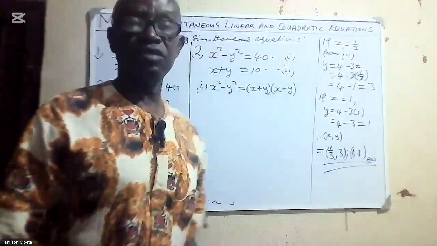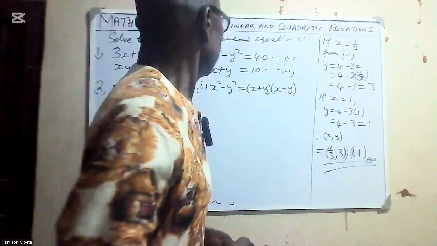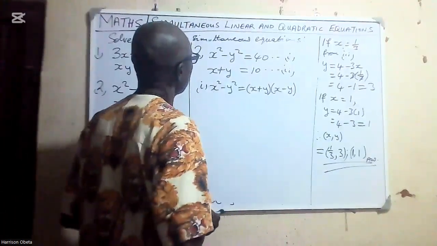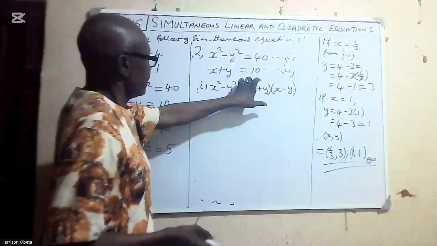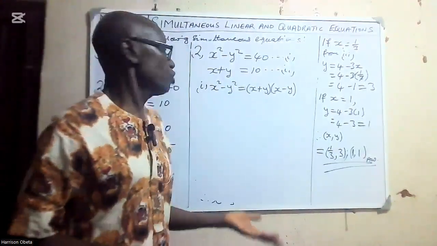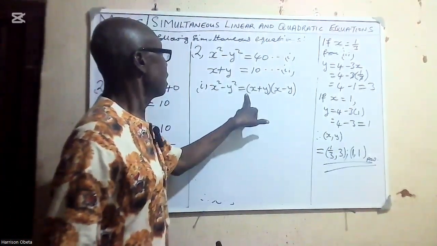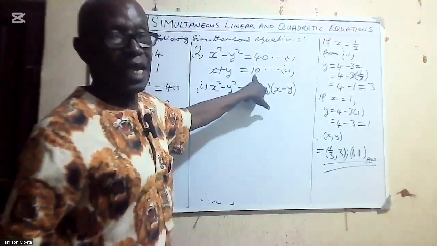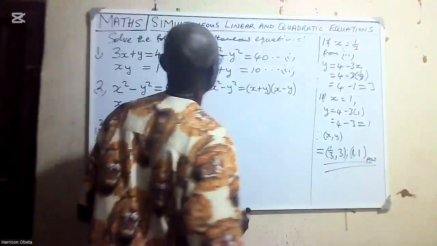That is from difference of 2 squares. And if you look at it from equation 2, x plus y is 10, which means we are free to replace x plus y with what? 10.